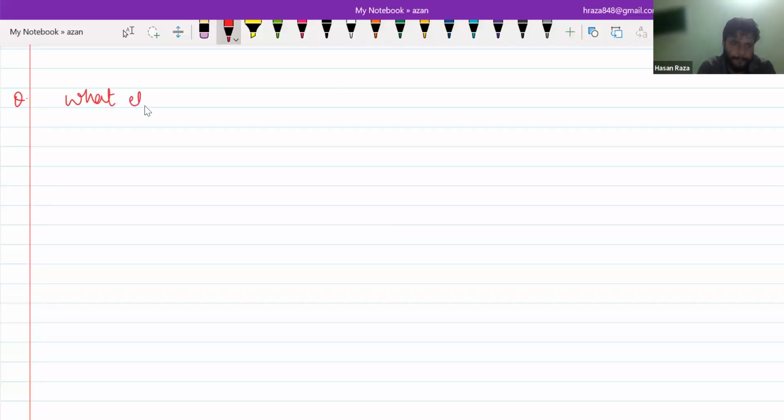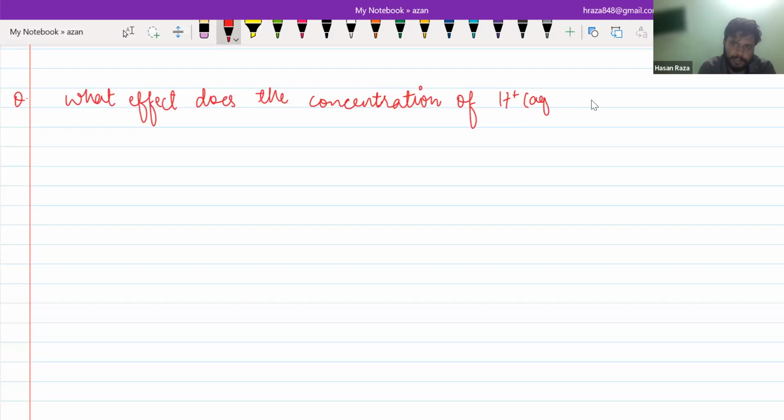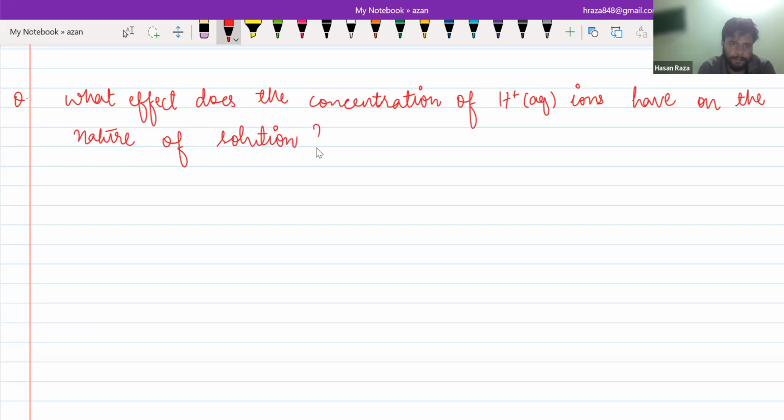What effect does the concentration of H plus, that means aqueous ions, have on the nature of a solution? Please do this last question.